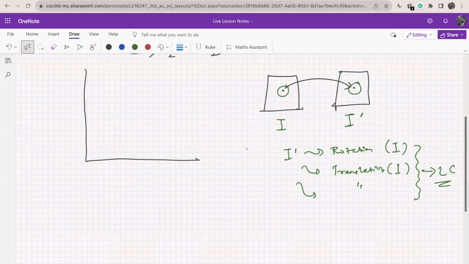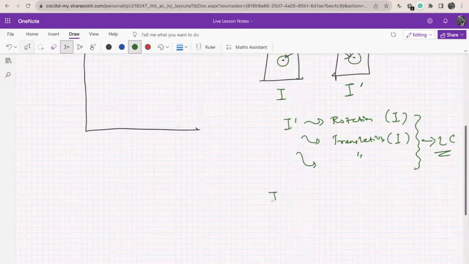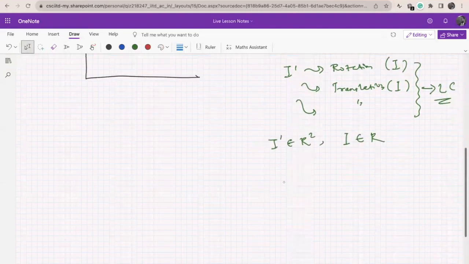So the image I dash is a linear combination of all the associated transformations that can happen. If I dash belongs to R square, that is a matrix, and I also belongs to R, that is a matrix, since it's a linear transformation, we can say that I into A equals I dash.